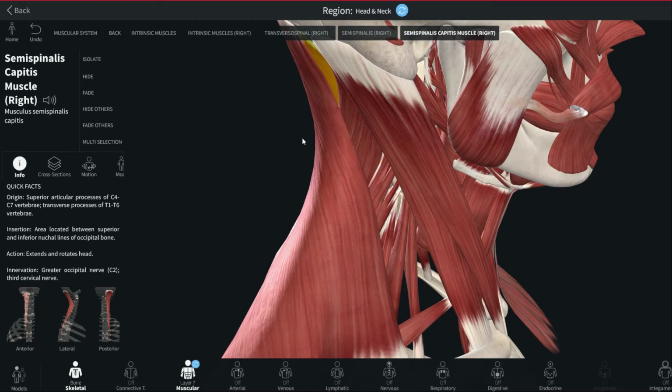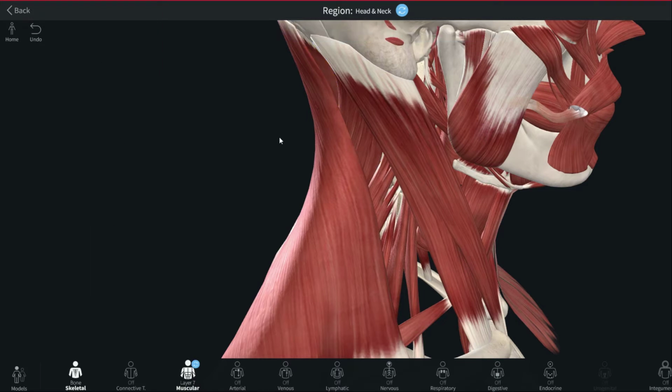See, semispinalis capitis is also SC abbreviated, and splenius capitis, which is the next one, is also SC abbreviated. So how will you remember if semispinalis capitis is the first one from top to bottom, or is splenius capitis the first one from top to bottom? So that's why I went with the same cape first. Same cape is the first thing to be said. So semispinalis capitis is the first muscle.